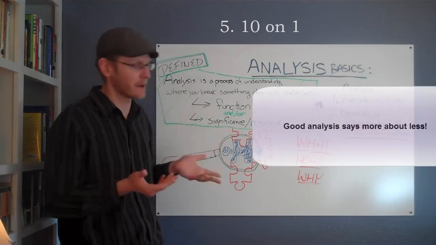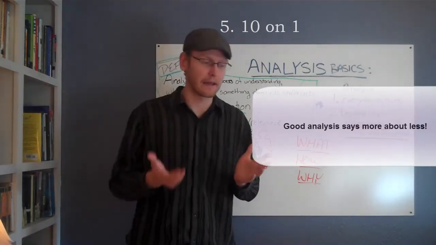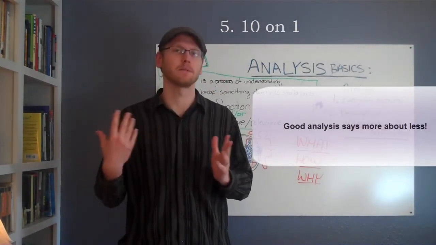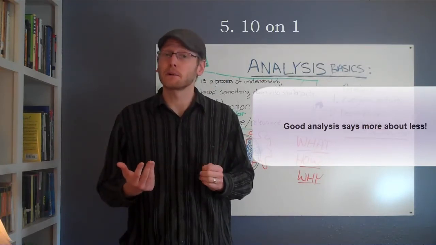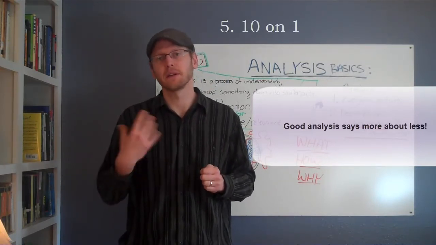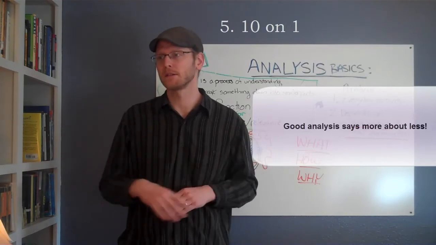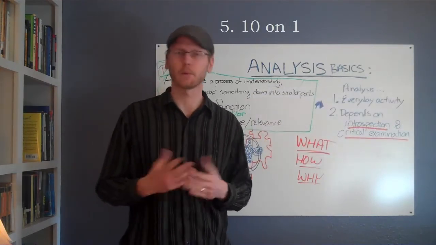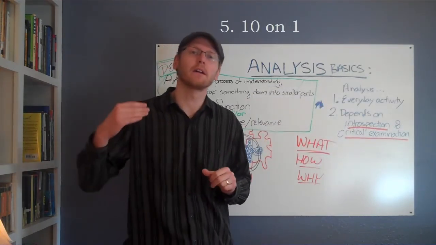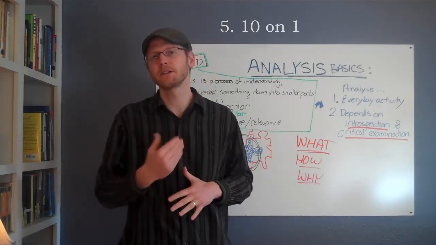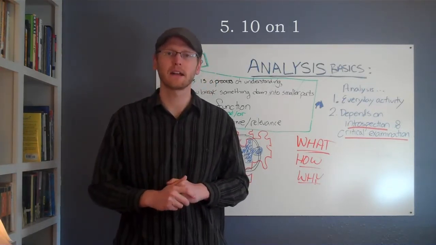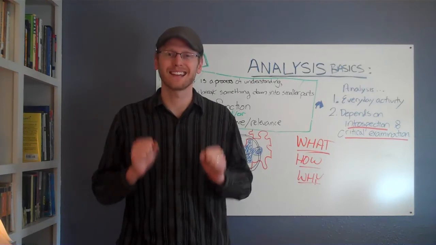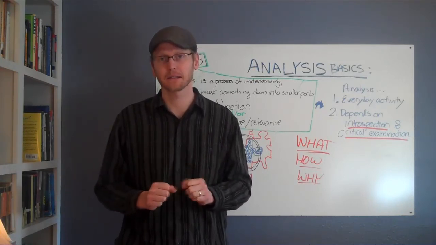So, for instance, if I notice that this person seems particularly persuasive or moving, I don't want to just simply state that, oh, they're persuasive because this is an issue that's important to them and leave it there. I want to go further with it. Say as much as possible about each thing. And that's really what good analysis is, it says more about less.